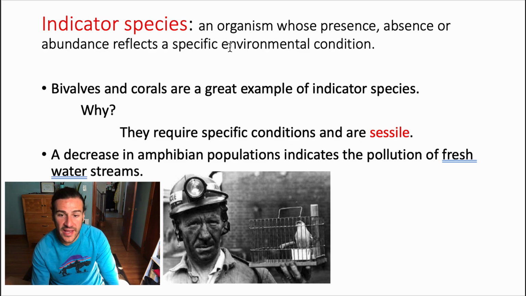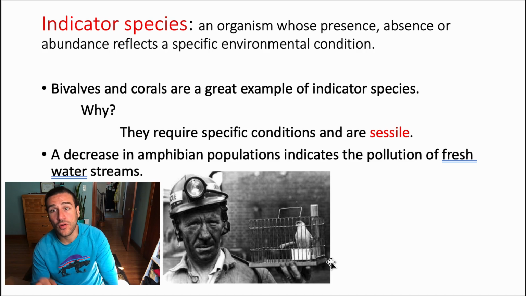Another great indicator species that we have used is a canary in a coal mine. That analogy comes from miners who would take a canary into the mines, and guess what? If the canary keeled over and died, the miners knew to get the heck out of the mine because there was probably some toxic leak.